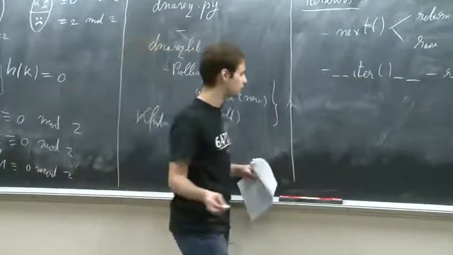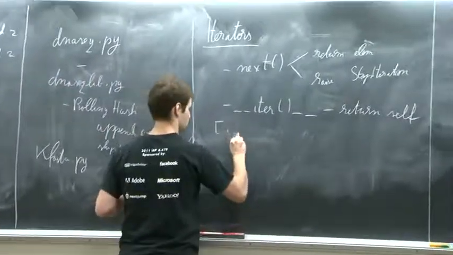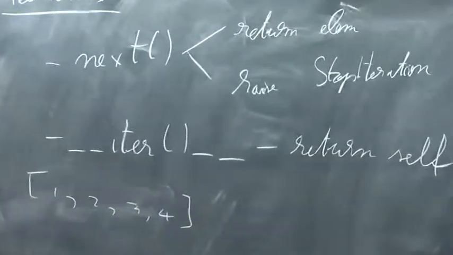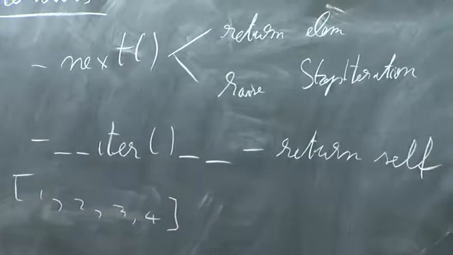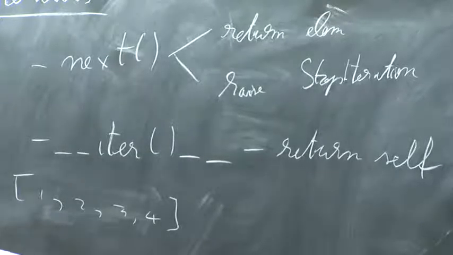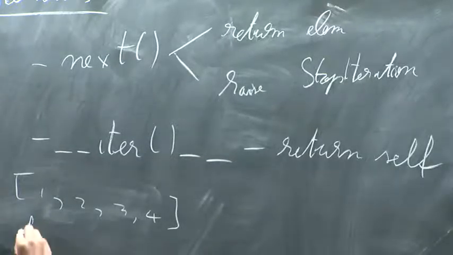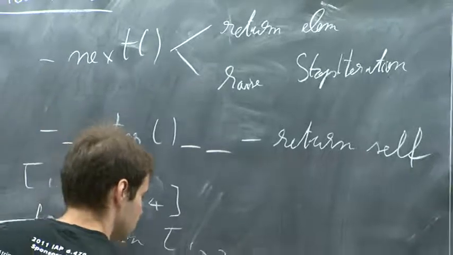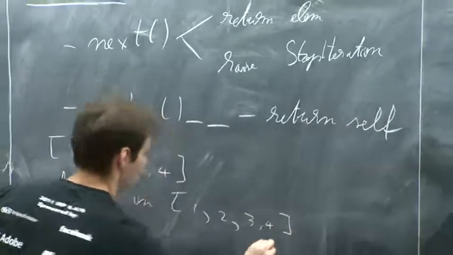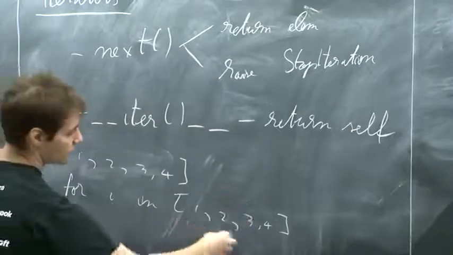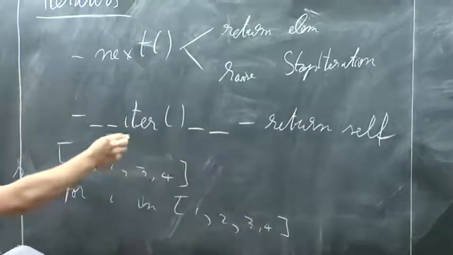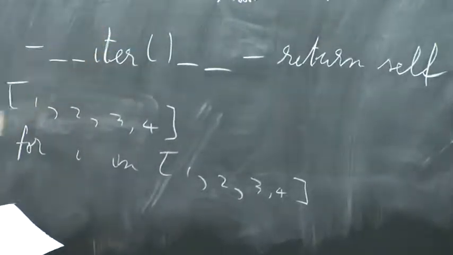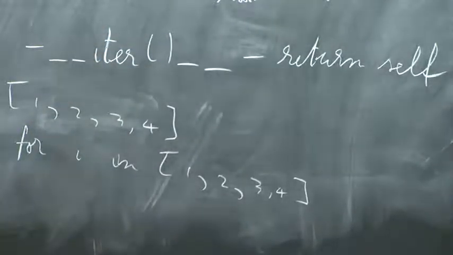So if you have something like a list, 1, 2, 3, 4, then if you call iter on this, you'll get an iterator for it, hopefully, right? And this is what Python uses when you say for i in. So behind the scenes, whatever object you give it gets an iter call, and then that produces an iterator, and then Python calls next until stop iteration happens.